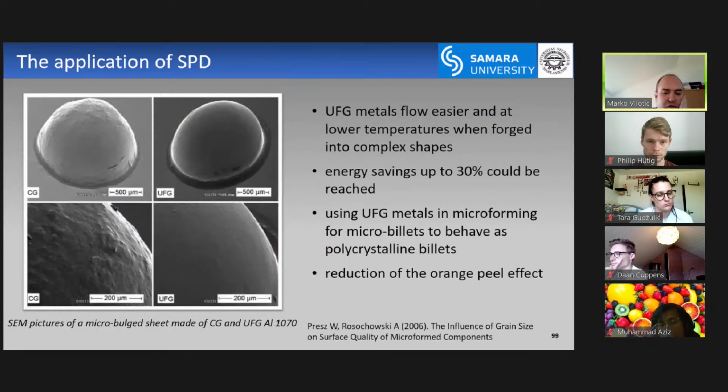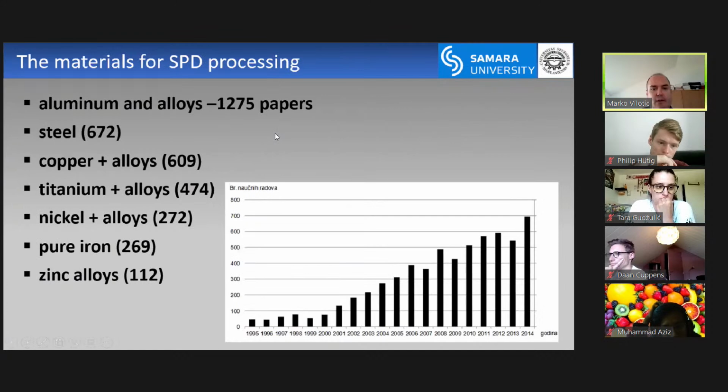In this case, it's used for microforming. So it says micro bulge sheet. This is conventional grade material, and this is ultrafine grain material obtained by, it didn't say which process. When you make these small parts, you get what's called the orange peel effect. But when you use the material with smaller grains, this effect is less pronounced, and so the shape looks better.